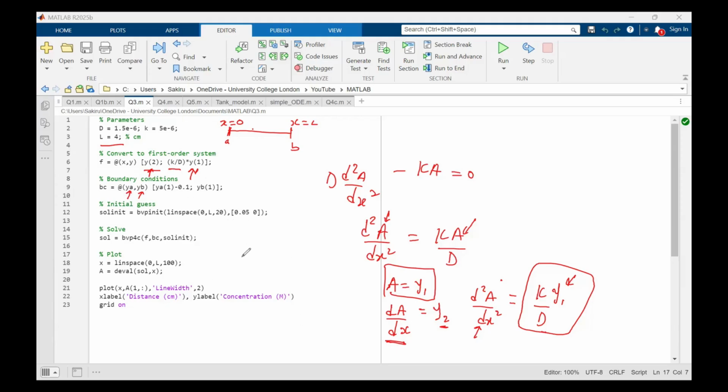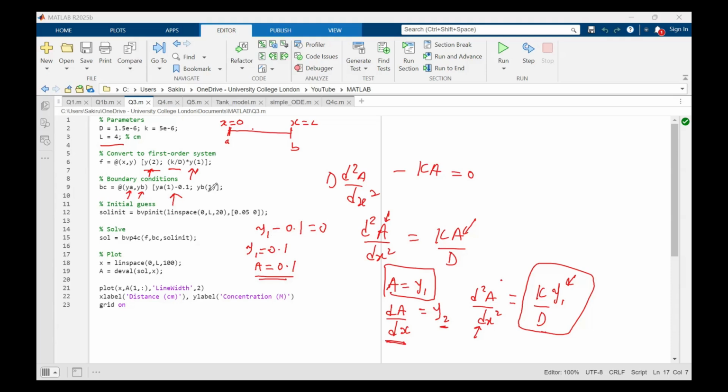So for y1, here you say ya1 is equal to 0.1, because A is equal to 0.1 in the problem. If you rearrange that, we have ya1 minus 0.1 equal to 0, and that is what we have here with our inlet condition.